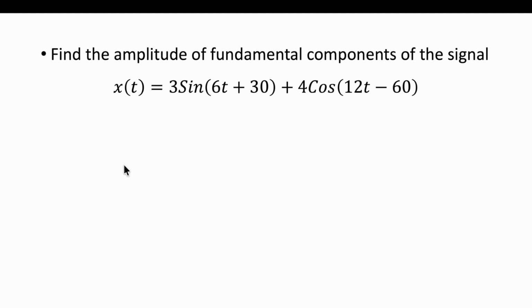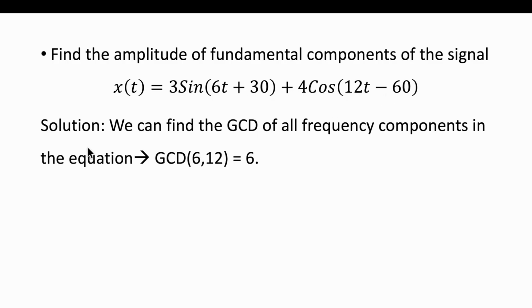The next question is to calculate the amplitude of the fundamental component of this signal. The signal is given: x of t is equal to 3 sine(6t plus 30) plus 4 cos(12t minus 60). To solve this, we first need to calculate the GCD of all frequency components.